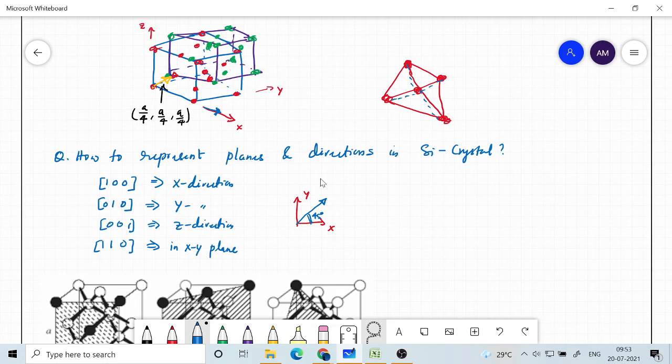Now if you look at the first three cases, each only has a component in one direction.